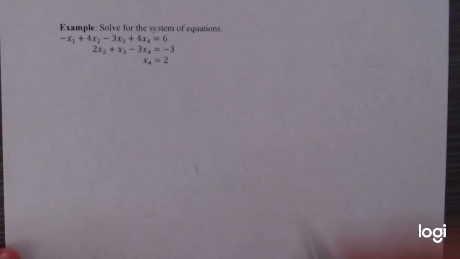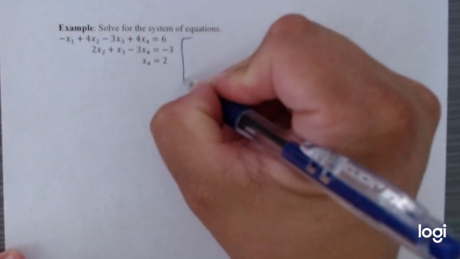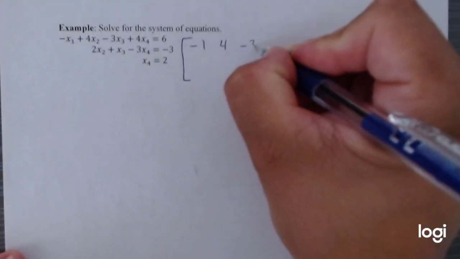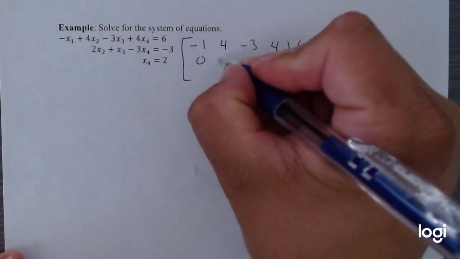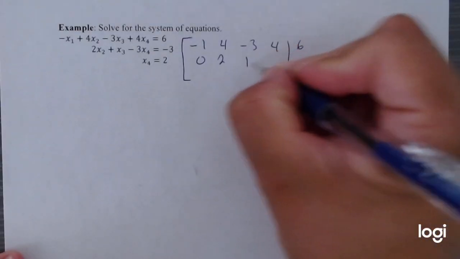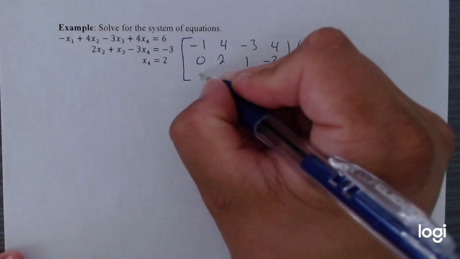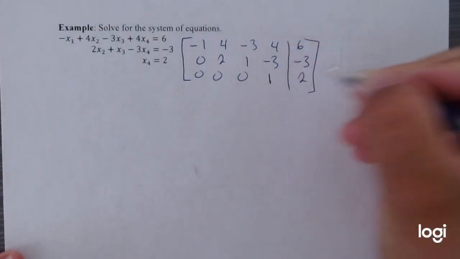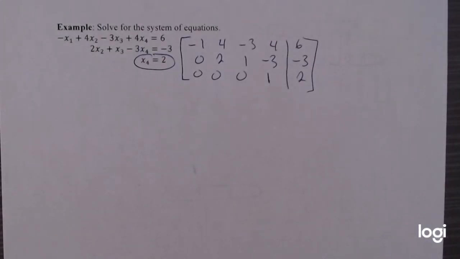Okay. All right, so now we have 4 variables. So we already have an answer, which is nice.